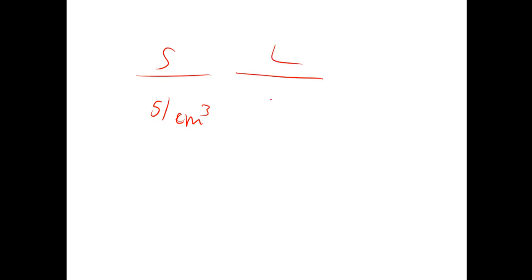For a liquid, it's going to be grams over mL. And then for a gas, it's going to be grams over liter. In short, we use liter because it's a much bigger box, so to speak, since the particles are more spread out. So let's get into a solid.